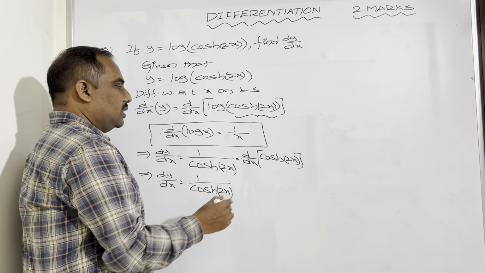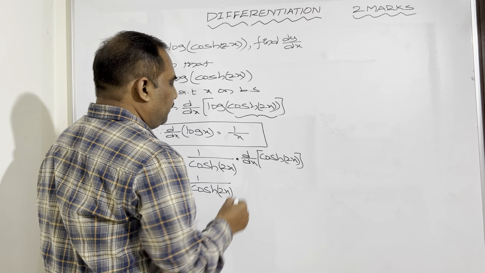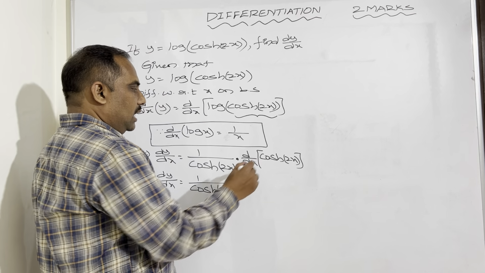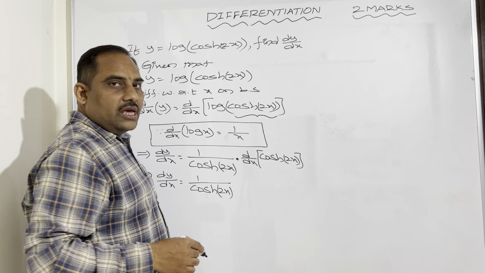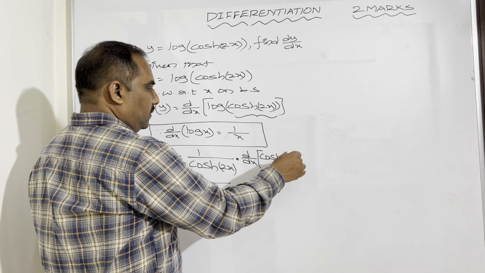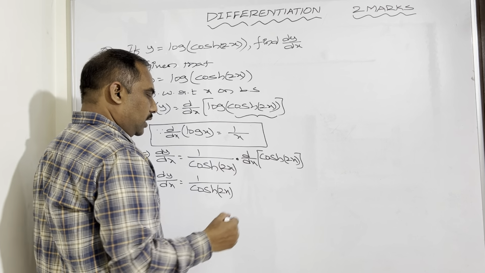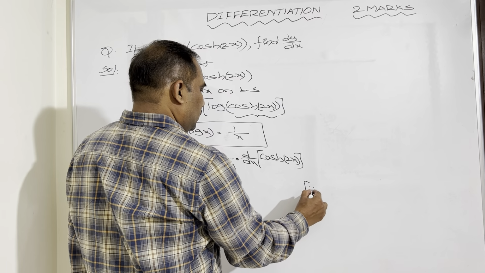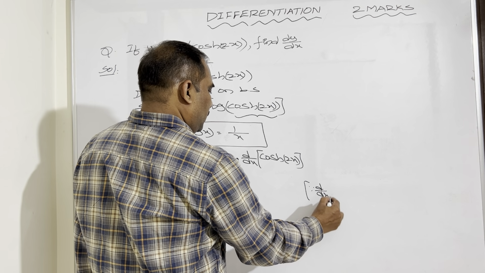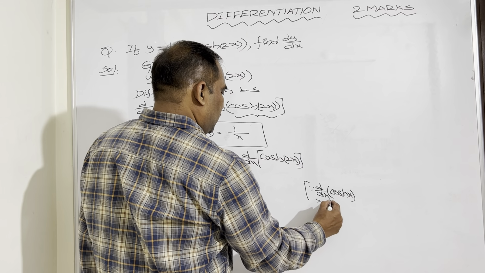Now here the derivative of cos h 2x. So the derivative of cos hx, in place of x here we have 2x. So d by dx of cos hx is equal to sin hx.